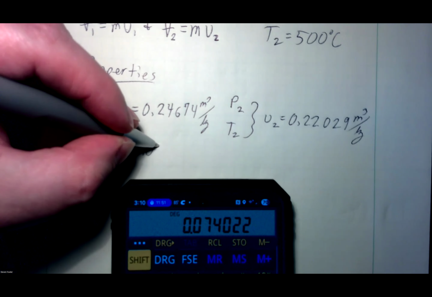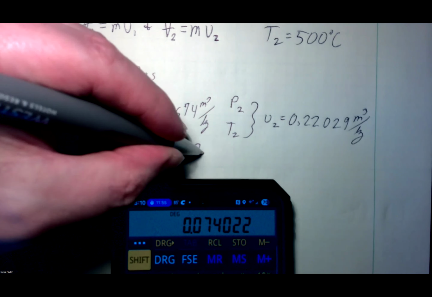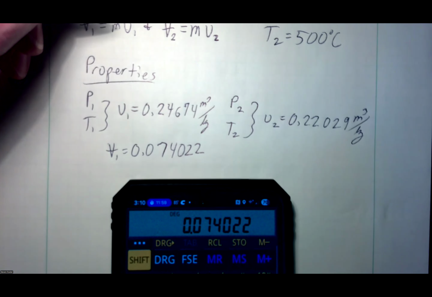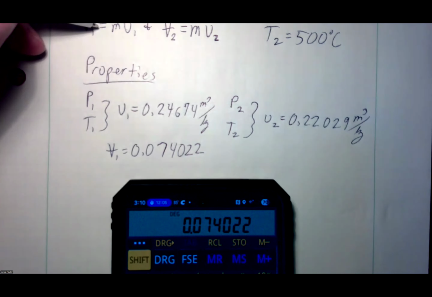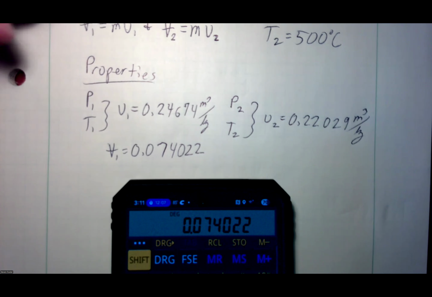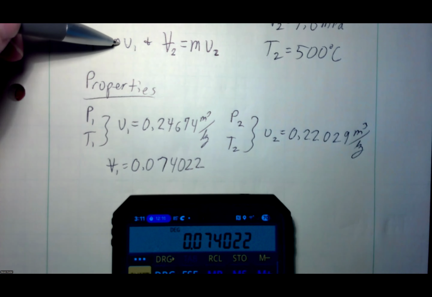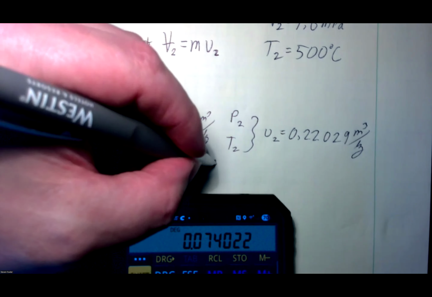That is 0.074022. You could drop those last figures, but this is an intermediate number, so it's okay to carry them right now. I'm taking the mass, which is 0.3, multiplying by this specific volume. So 0.3 kilograms times this value.